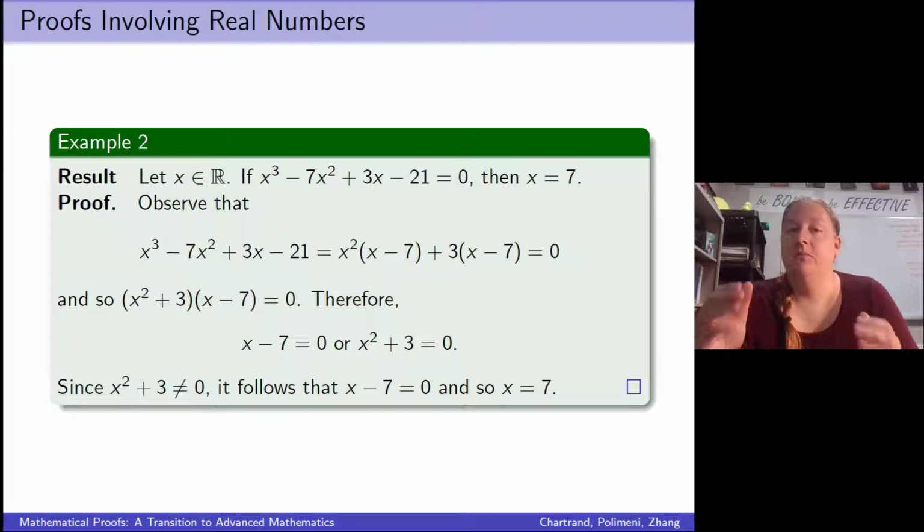And we have the property of real numbers that squaring a real number results in a nonnegative number. So I can't get negative 3, so I can notice that x squared plus 3 does not equal 0, ever. Then I'm stuck with x minus 7 equals 0. And solving that, I notice that x must be 7, and I have the desired result.